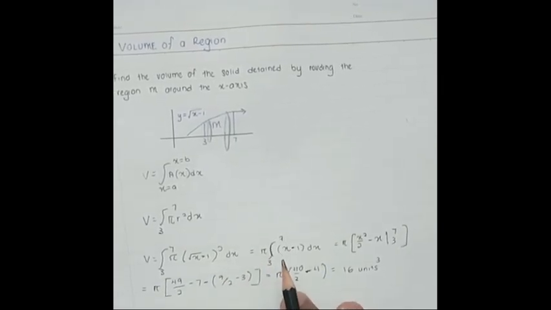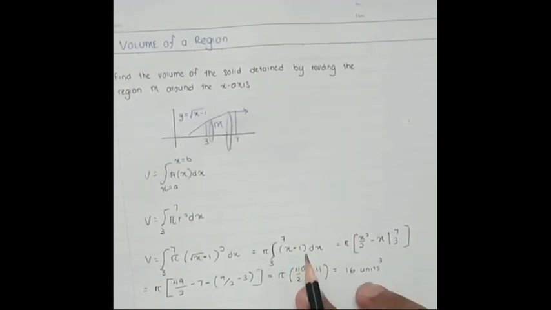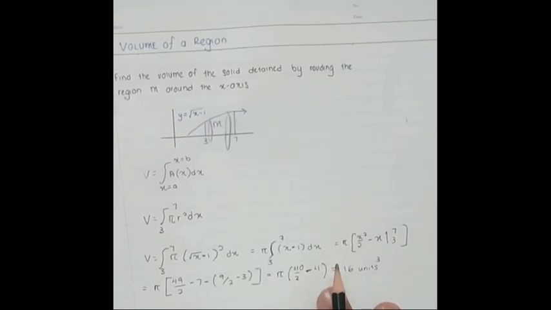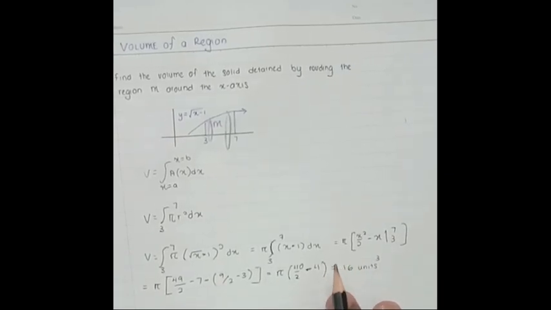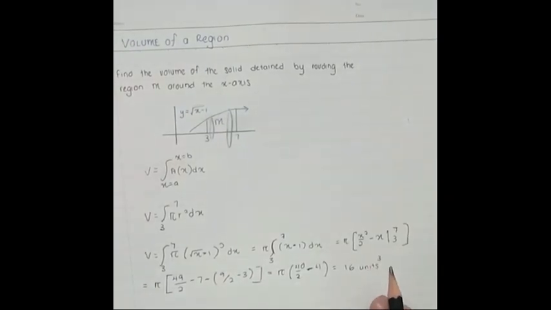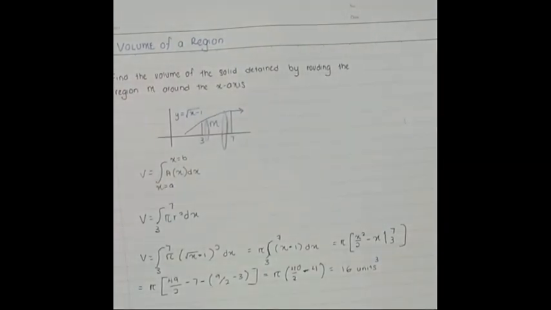When you work this out, 49 over 2 minus 9 over 2 is 40 over 2, and negative 7 plus 3 is negative 4. So this is 20 minus 4, so it's 16 pi units cubed. Don't forget the units, and it's got to be cubed because it's a volume question.